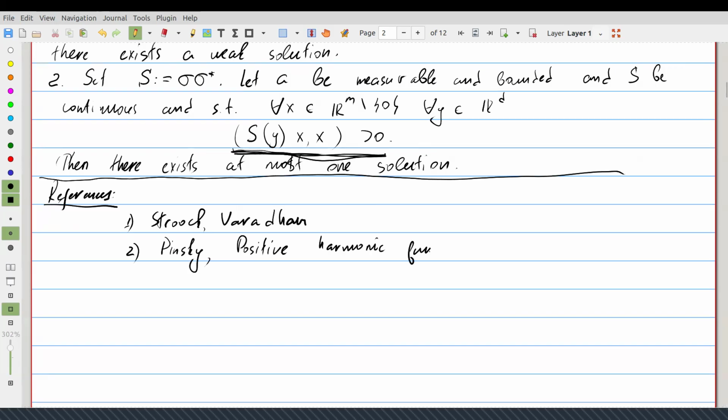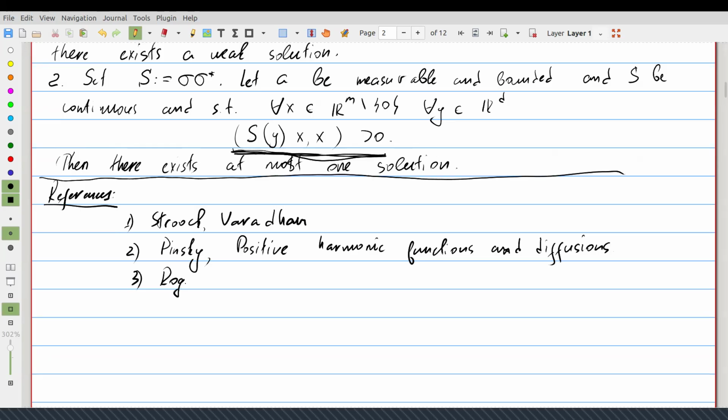Pinsky, Positive Harmonic Functions and Diffusions. Now, you don't actually need anything in this book except for the introductory first chapter where it discusses martingale problems. Especially, it's very useful for discussing and studying martingale problems in domains. And we will touch SDEs in domains a bit in this course later. So you just need the first part. You don't need positive harmonic functions.